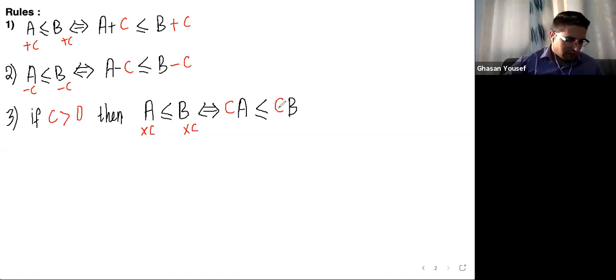So it does not change the sign again. Look, smaller than or equal here, and smaller than or equal here.